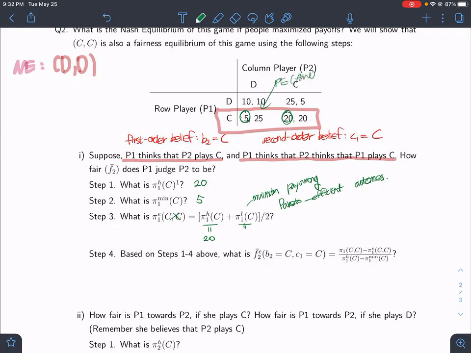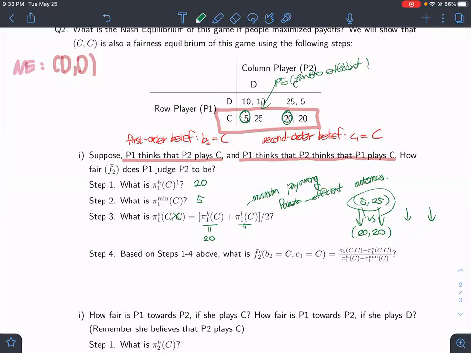PE means Pareto efficient. So we are just comparing 5, 25 versus 20, 20. So if I can make all persons' utility increase, then at that point, it is not Pareto efficient. But if I increase the utility of player one, if I make 5 to 20, then there's something that I need to sacrifice. 25 should decrease to 20.